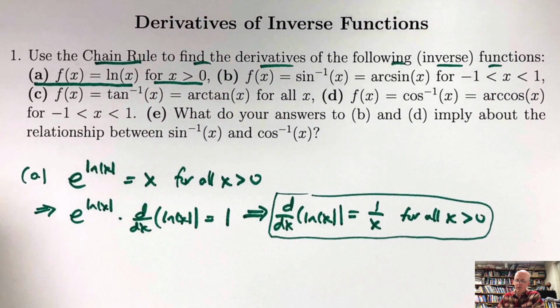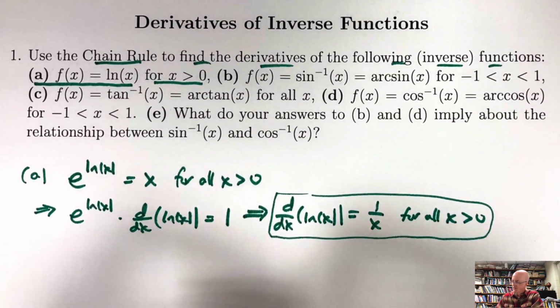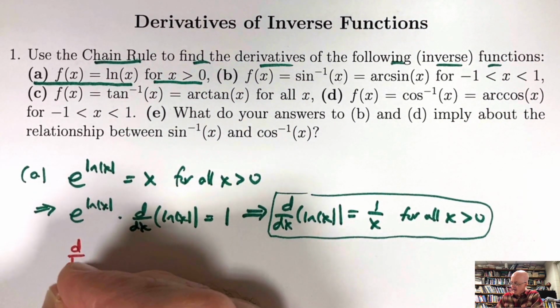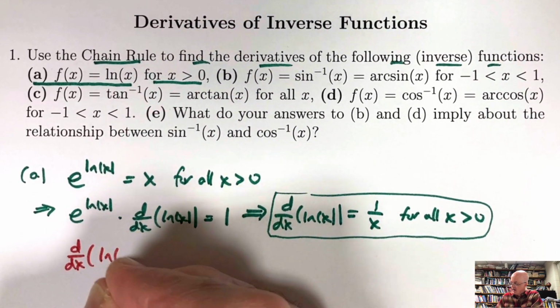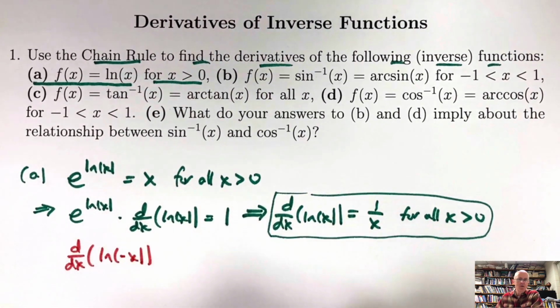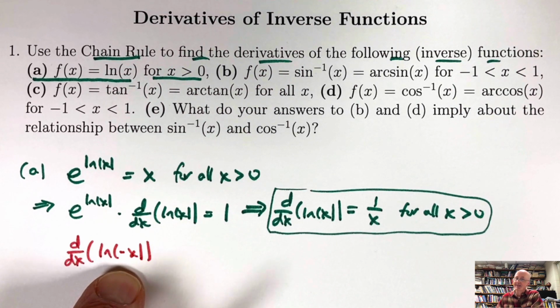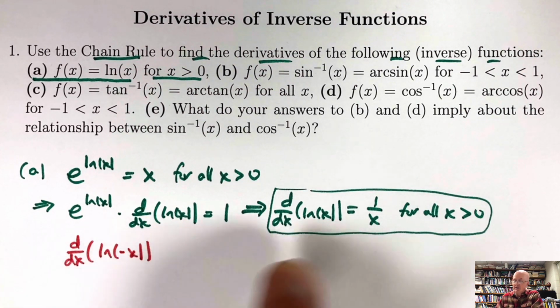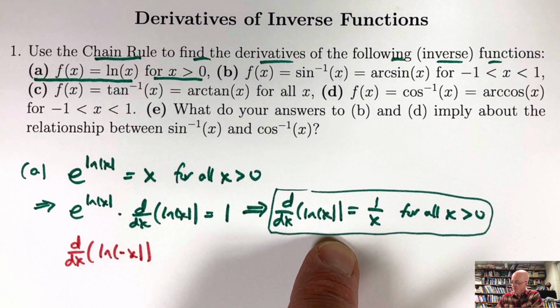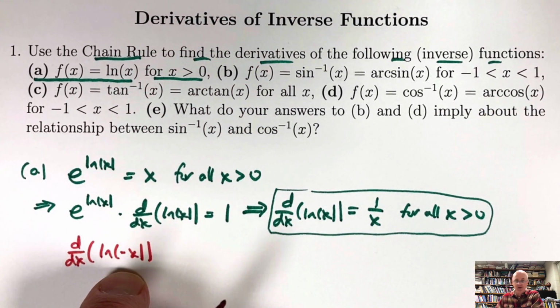Let me do a little bonus here that is not being asked for in this question. Let's also find the derivative with respect to x of the natural log of negative x for x negative, so that negative x, the opposite of x, is positive, using what we just found and using the chain rule. This is a composition. The inside function is negative x, the outside function is natural log of x.